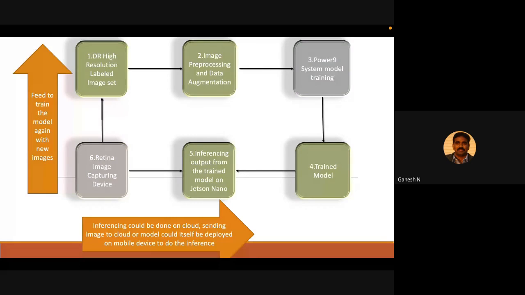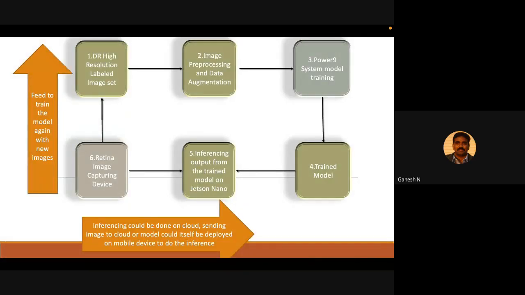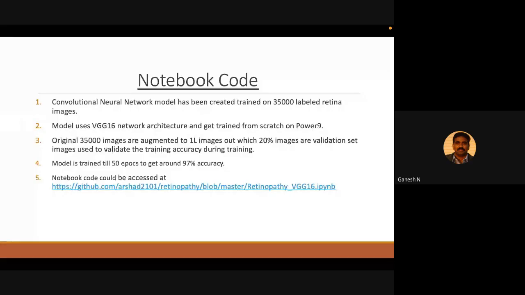Number three and number five require a lot of AI capabilities, and number six requires the IoT device capability. All these put together make a solution which is available in some hospitals, where you can speed up the whole retinopathy and diabetic predictions. And we have the code already open source.